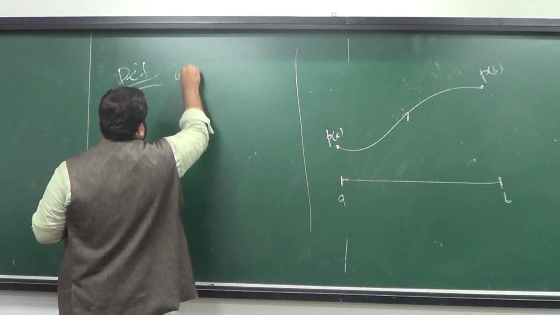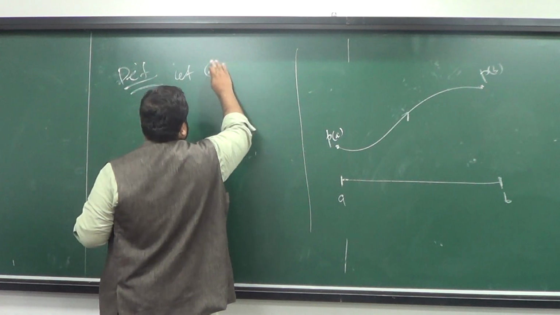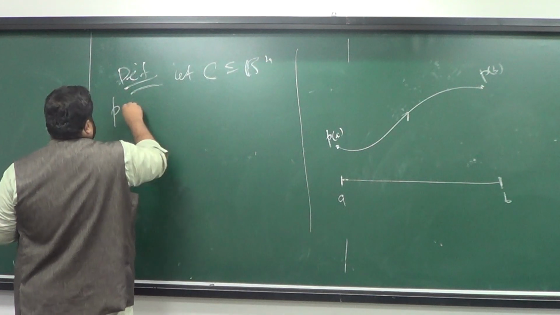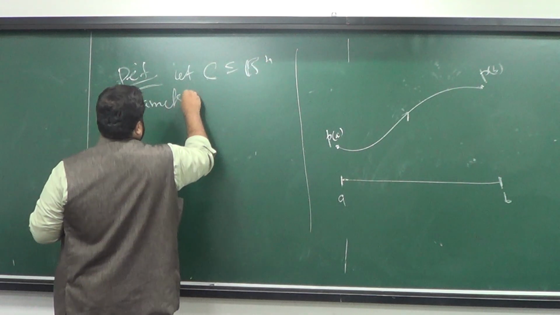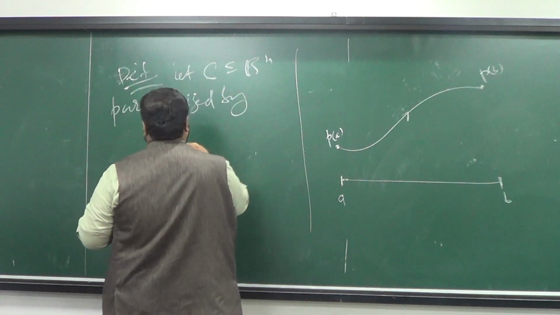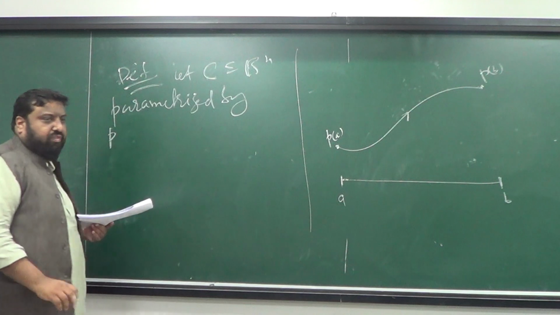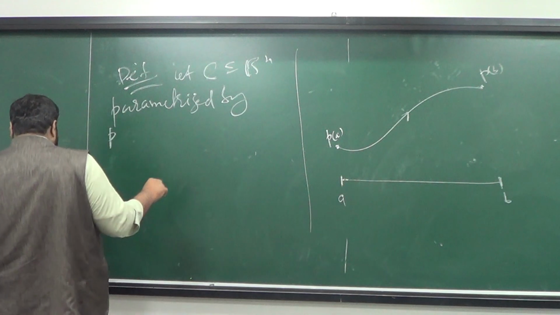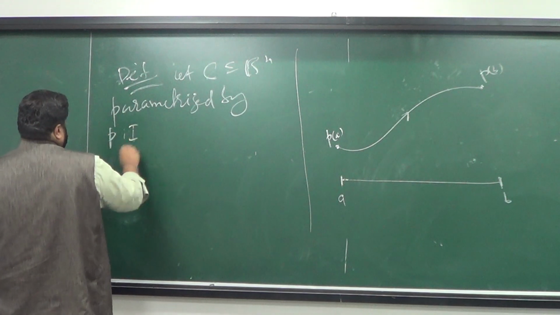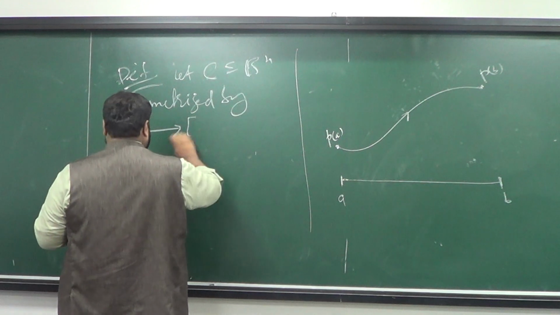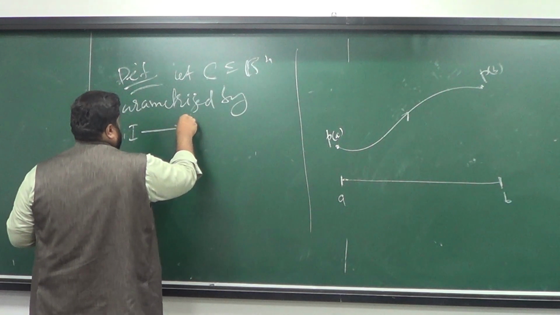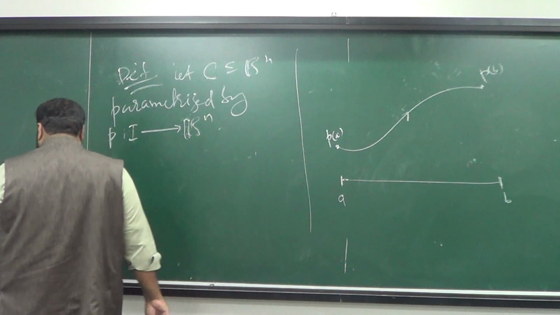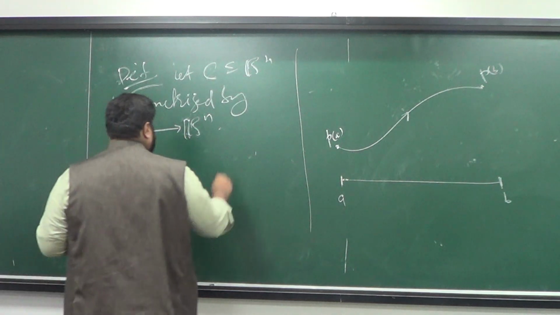So imagine I have a curve C. Obviously, this curve C is a subset of Rn, and it's parameterized by a path. Whenever you hear of a curve, you always ask, what is the parameterization of this curve? So it is parameterized by a path map P from I into Rn.